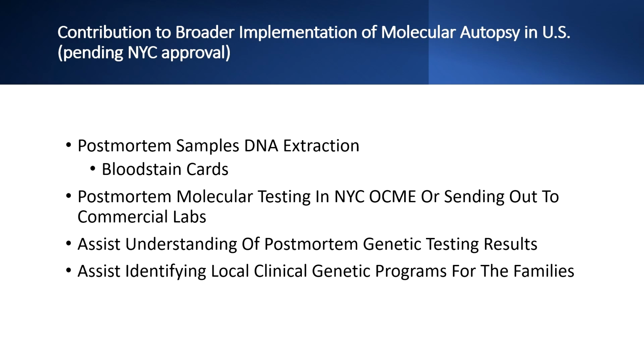We can also assist in understanding postmortem genetic testing results and in identifying local genetic programs for the families outside New York State. As the leading medical examiner office in the United States, with over 20 years of molecular autopsy experience, we are willing and able to help.